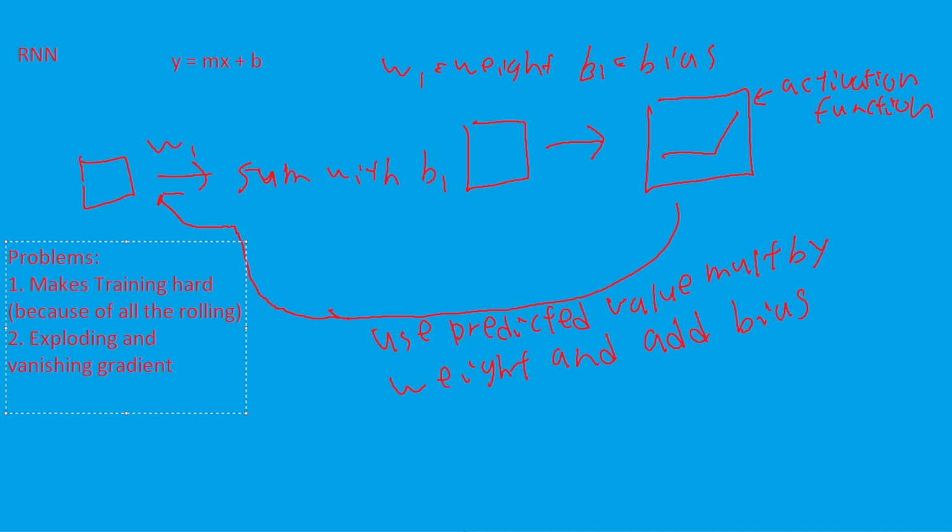And there are some problems with RNNs. It makes training a little hard because of all the rolling you have, and it has the exploding and vanishing gradient problem. So what's an exploding gradient? Well, let's say the weight, W1 for this example, was 2. And let's say you multiplied it to the power 20 because you rolled it 20 times.